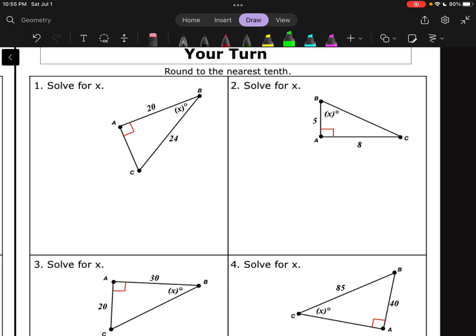All right, so number 1, this should have been a cosine one. Cosine of x is equal to 20 over 24. And if you did inverse cosine, let me see what you should have gotten. Inverse cosine of 20 over 24 is 33.6.